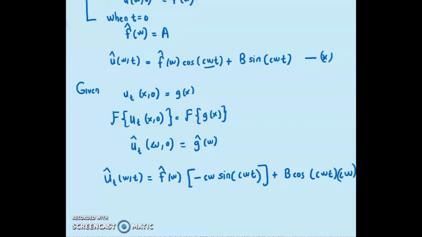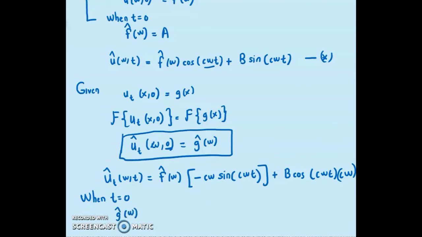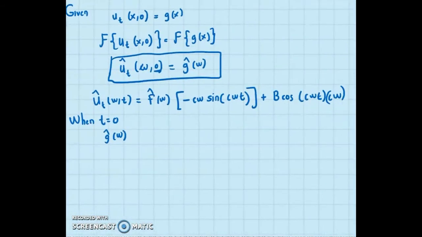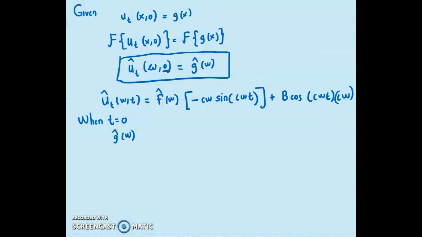Okay, now what do you do when t equals 0? When t is 0, because we're taking this condition here, I have g hat omega equals f hat omega. What happened here?